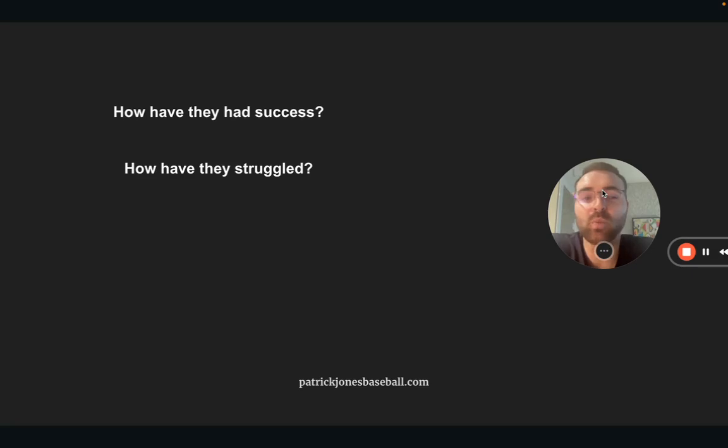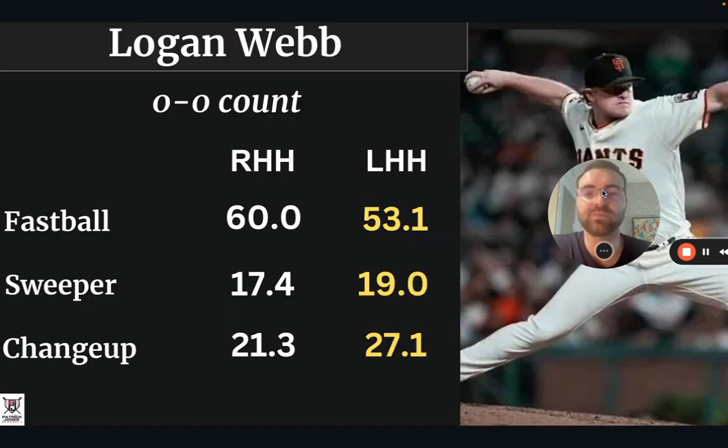Have they struggled because they've walked a lot of guys early on, or have they struggled just because they're leaving, maybe, their breaking pitch over the middle of the plate? What exactly is it? So this will help me say, okay, they've struggled because of X, Y, and Z. So if we can do X, Y, and Z from a hitting standpoint, then we can have success. And if we don't do X, Y, and Z, then we're going to fall into that pitcher's trap, and this is how they're going to have success.